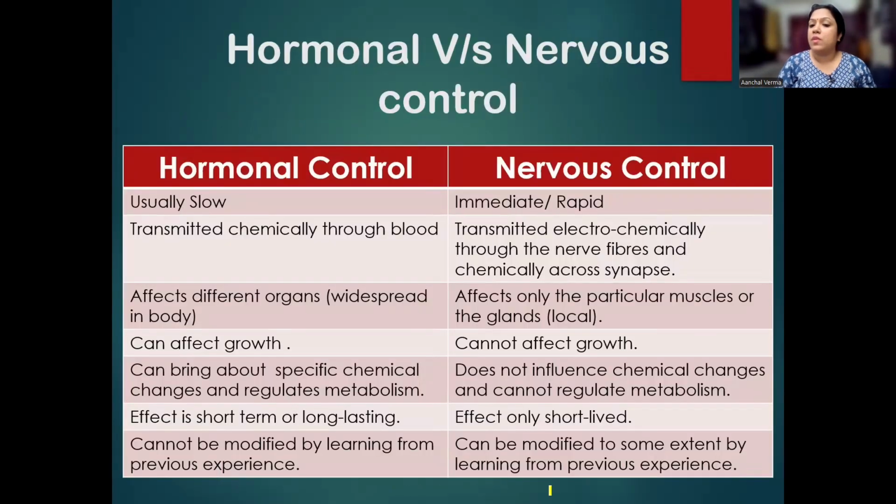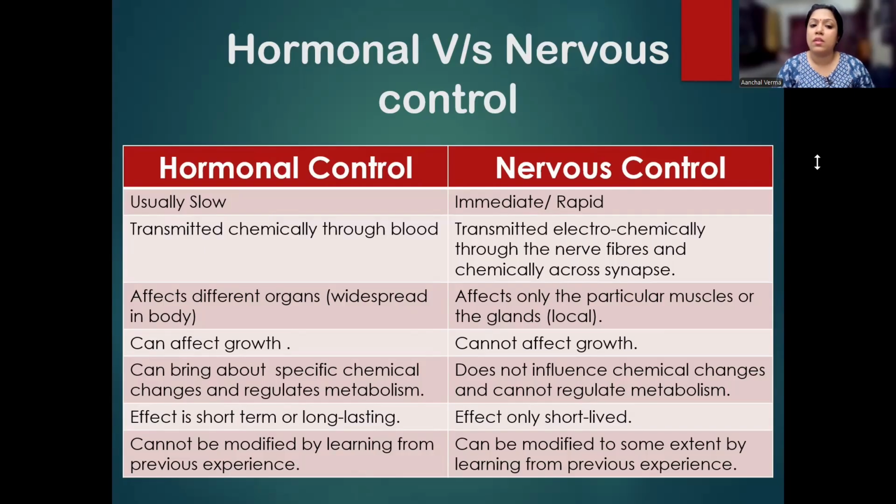Now, what is hormonal versus nervous control? You can easily go through the same. Hormonal control is basically slow in action, and nervous control is very fast and rapid. Hormonal control is by chemicals through blood, and nervous control is electrochemical, and there are neurotransmitters also present.